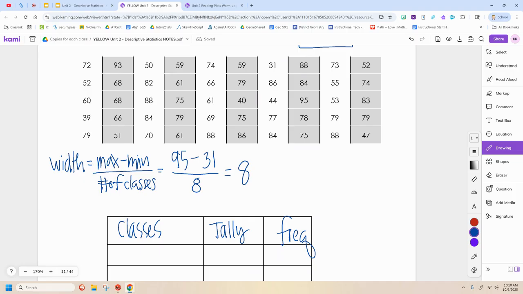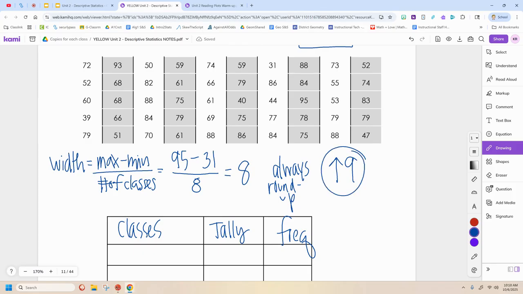Now, here we go. If you were to skip count by 8s, you would not make it to get everybody in. You would miss the last person. So that is why you always round up. So what is our class width going to be? 9.